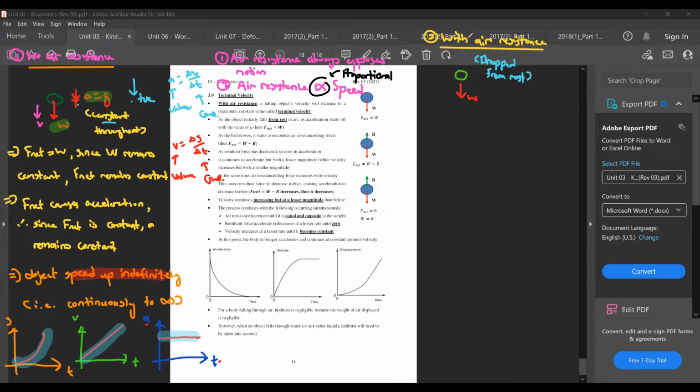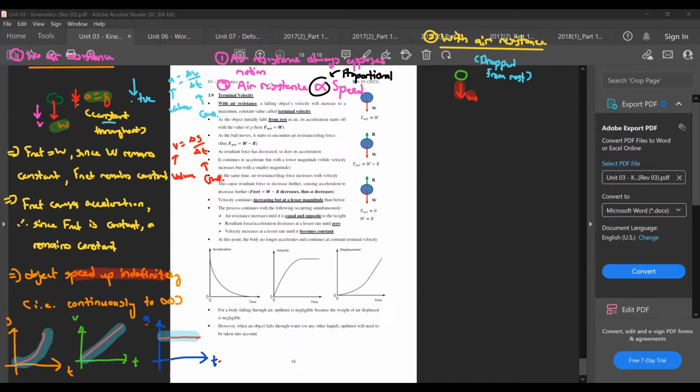Now with air resistance, you initially drop the object from rest. Your object would only have weight acting on it.